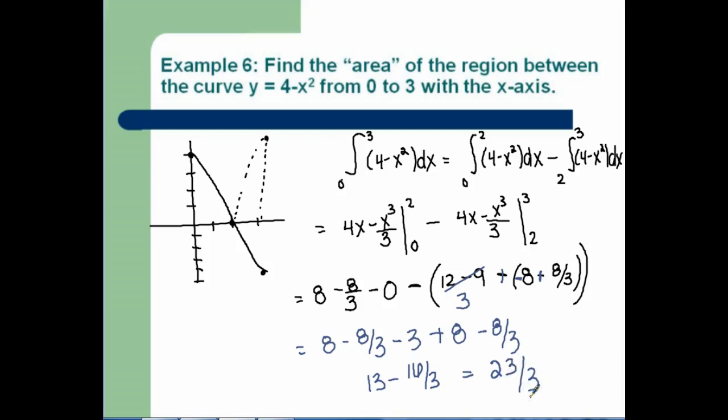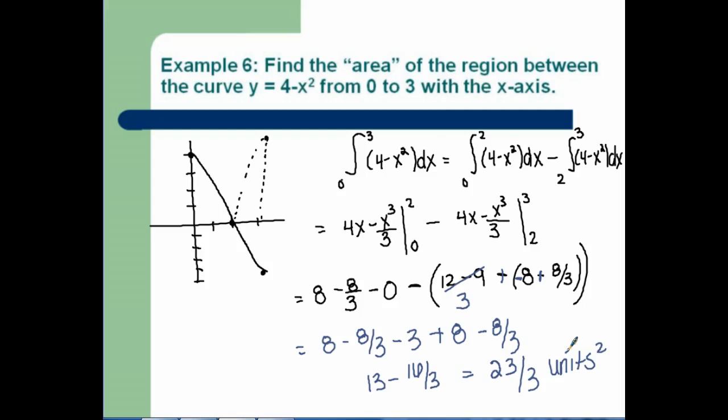What did this ask me for? Area. So it's the 0 to 2, and then adding the 2 to 3. So is it kind of like the absolute value of the area? It would be the absolute value of the integral. So area is like the absolute value of integration. So essentially what we did was we subtracted a negative area.